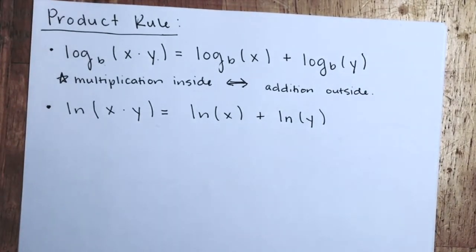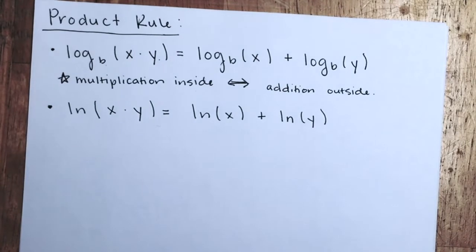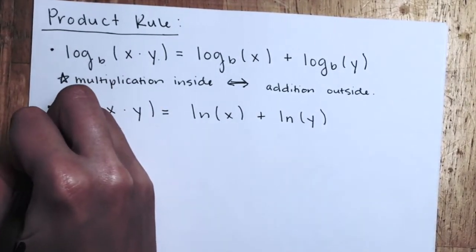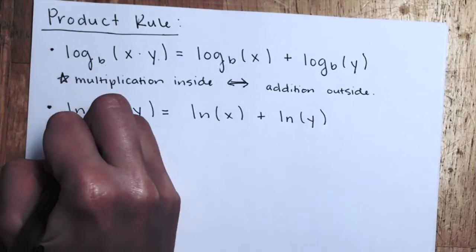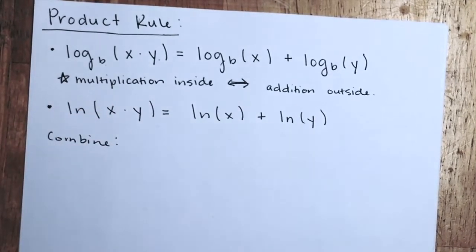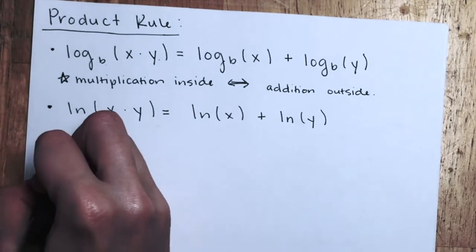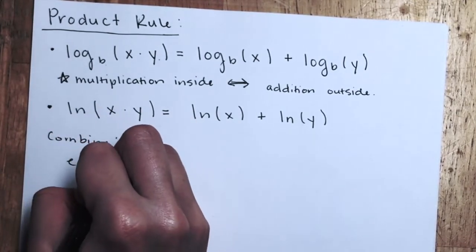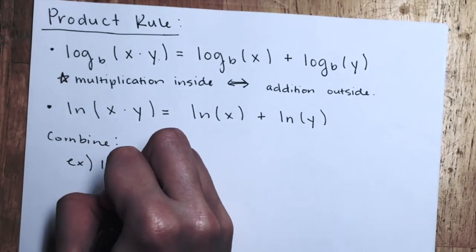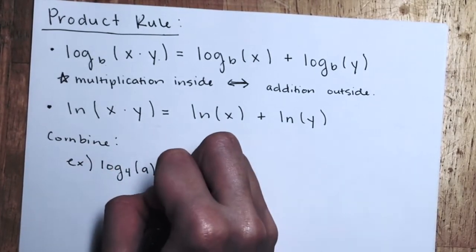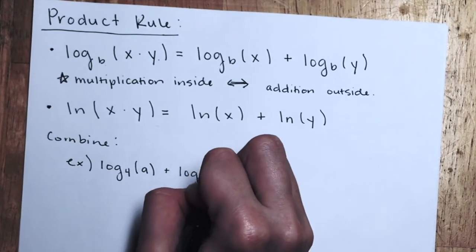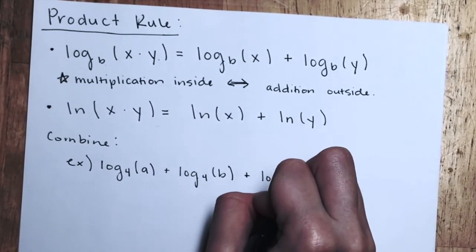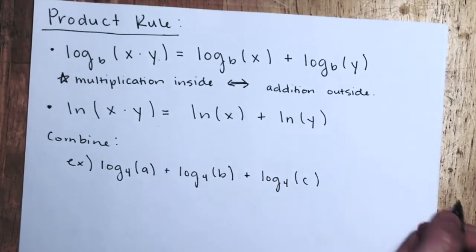So this allows us to do a couple of things. One of the things we can do here is combine functions. So an example of combining might look like this. So we have log base 4 of a plus log base 4 of b plus log base 4 of c.